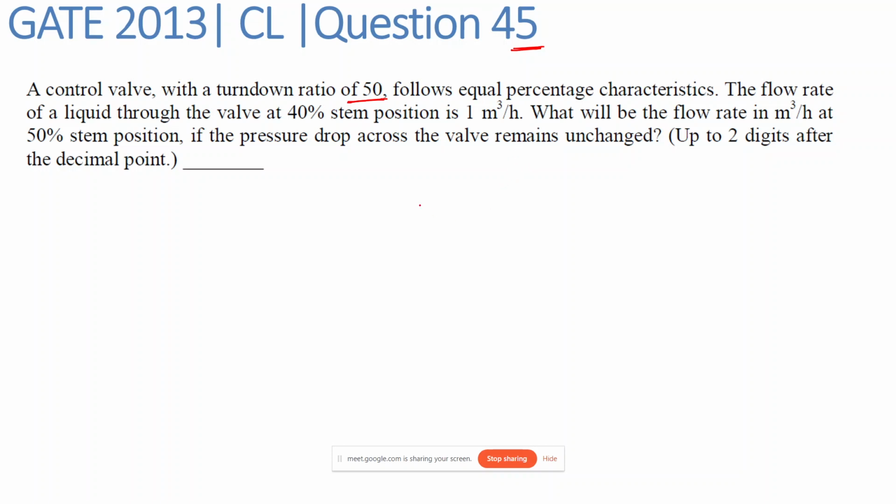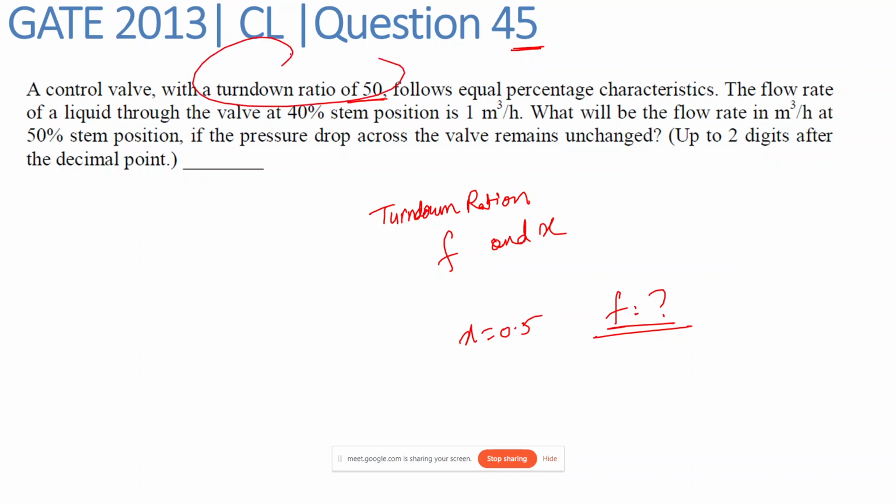So over here, we have been given a turn down ratio, a few values of F and X, and given X is equal to 0.5, we have to find the value of F. So let's take a look at the video solution, in which we will also see how this turn down ratio is defined and how we will use that turn down ratio in order to find the flow rate at this given valve.